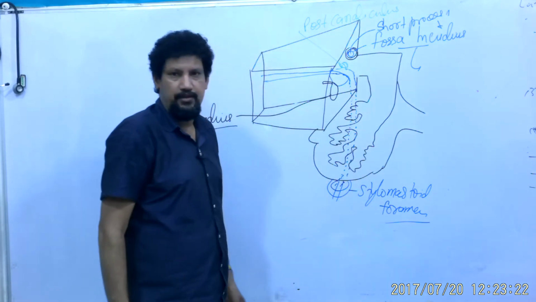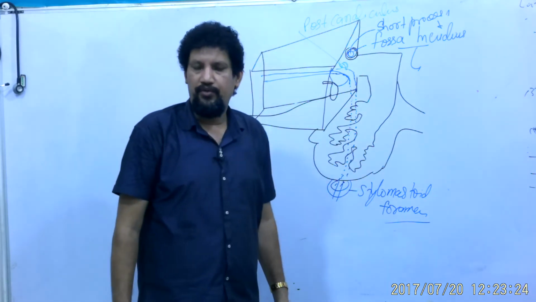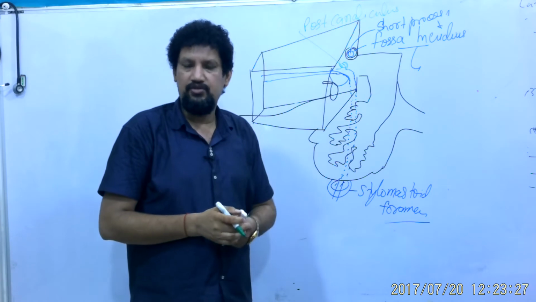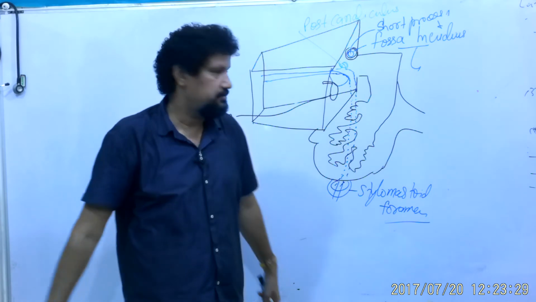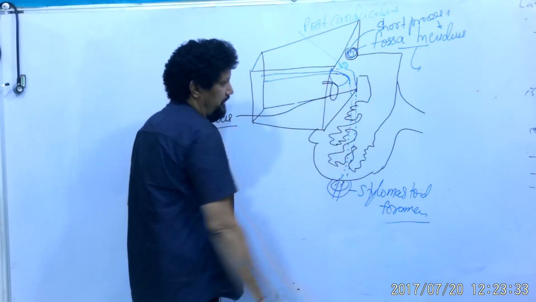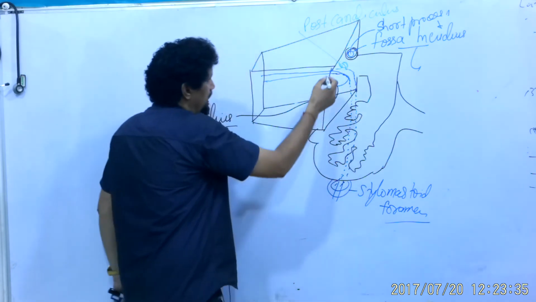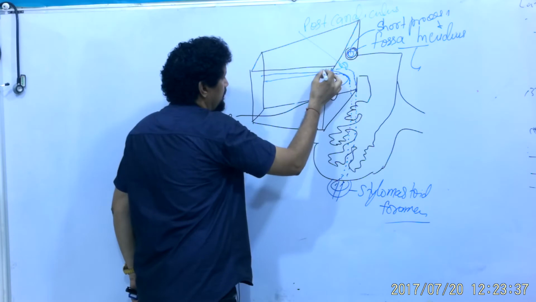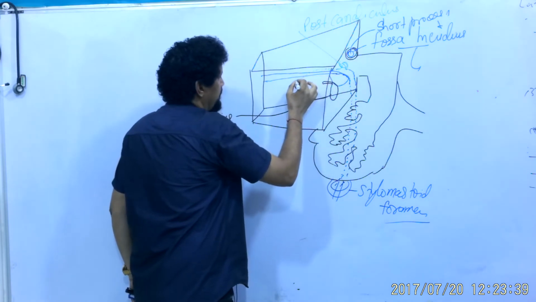of the facial nerve, or frankly speaking, the branch of nervus intermedius, is entering in this posterior canaliculus or canaliculi and running in the middle ear cavity.